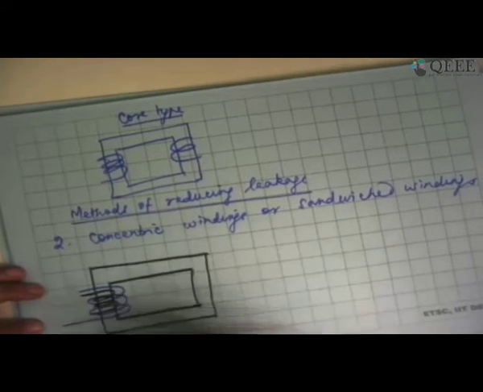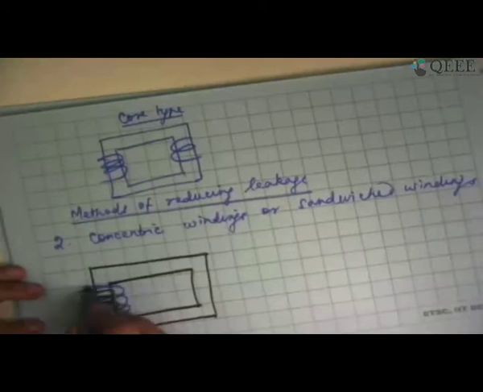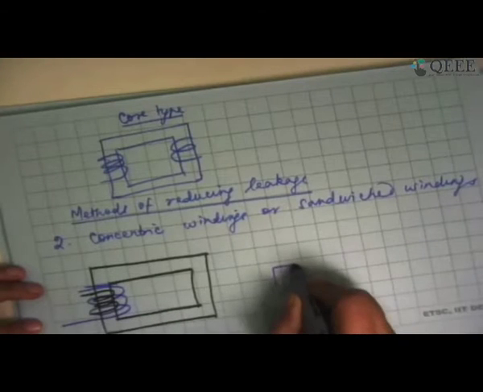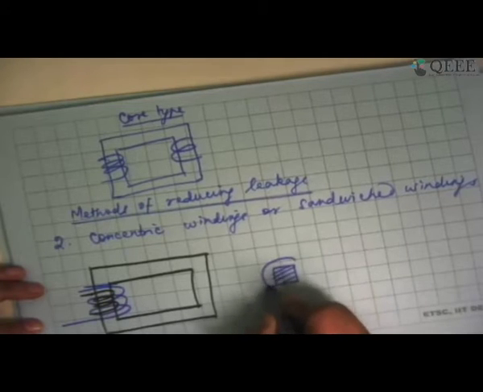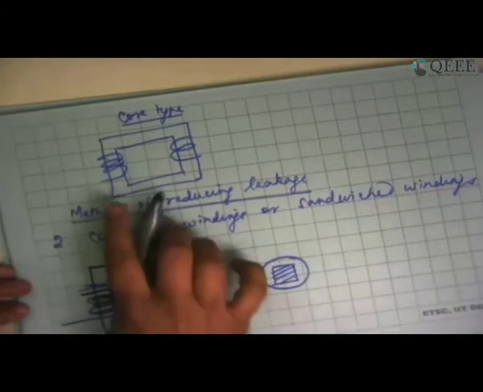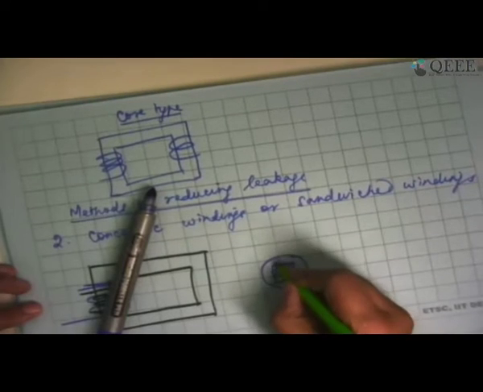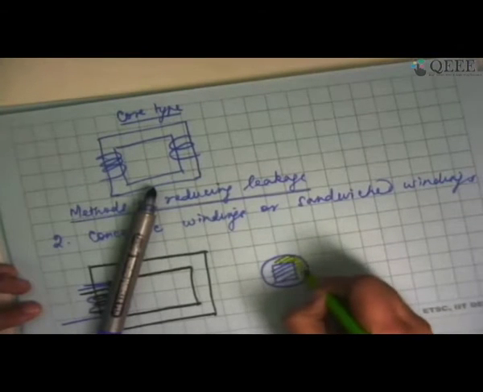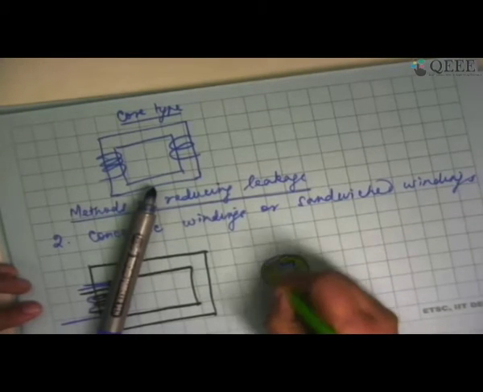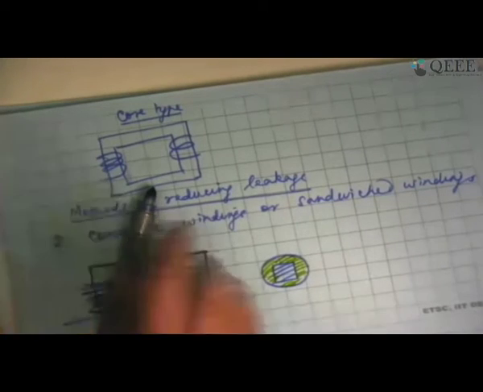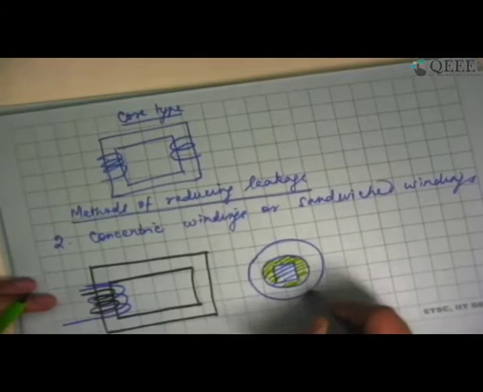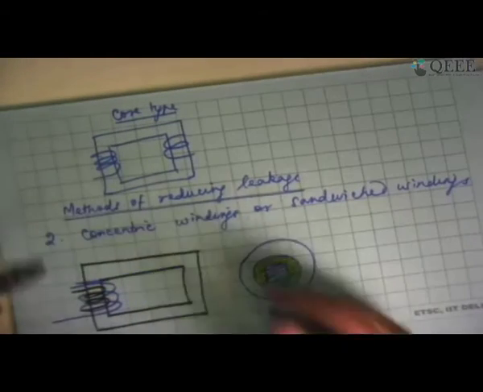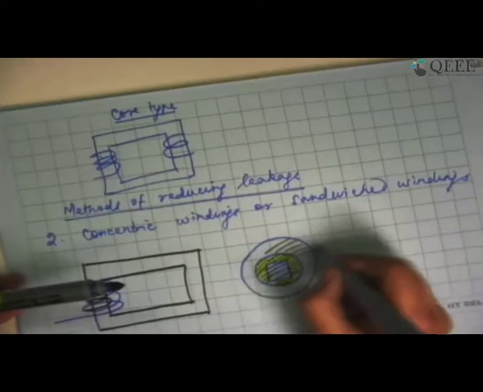What I mean is, if I try to make a cross section here and see, this is probably my core. I am going to have one set of winding which is the primary winding here. Whatever I am showing in green, let us say, is the primary winding. And around that I am going to have one more winding which I am showing as the secondary winding.